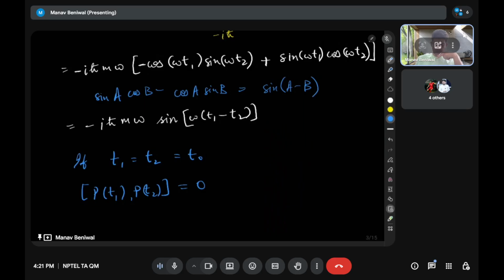If we measure a momentum at time t1 and then later at some time t2, this relation, which shows that they do not commute with each other, gives us an idea that there will be some uncertainty induced in the system that we can't predict. So if we know the momentum at time t1, because this thing is not zero, we cannot easily predict the momentum at some later time t2.